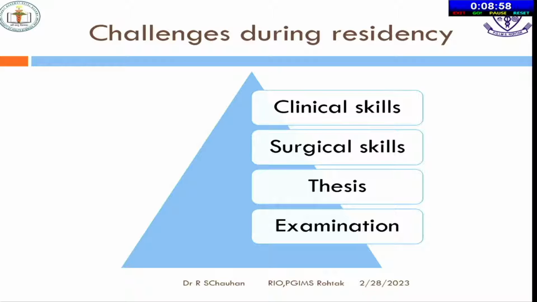Now, the challenge during residency is that you need to acquire clinical skills. Very, very important. The first year resident comes, and in 1 month he is not able to see the slit lamp, because he doesn't know what to see. You will be able to see only when your mind knows. Like in cornea, they will just focus the light and there will be sclera and cornea and AC and that's it.